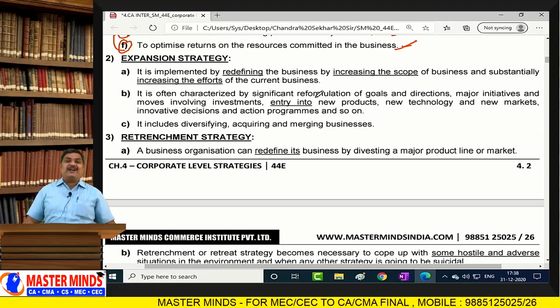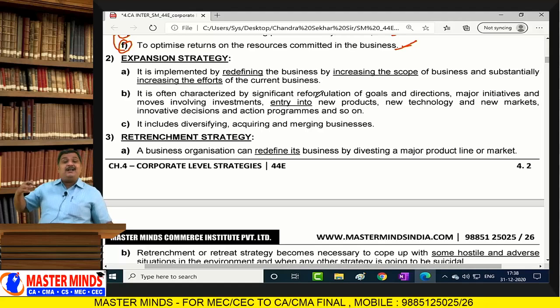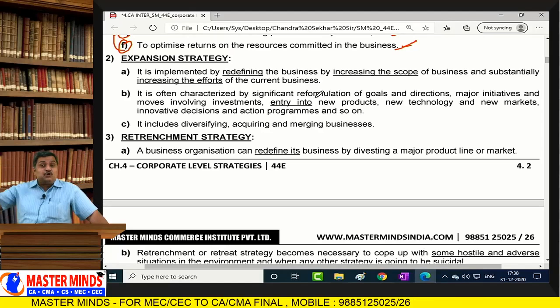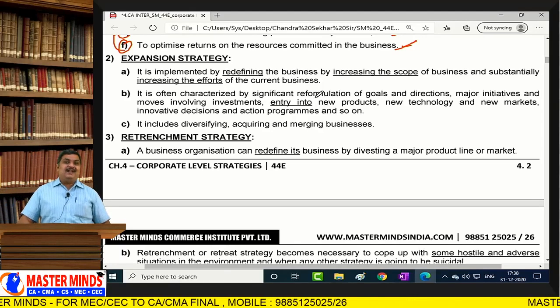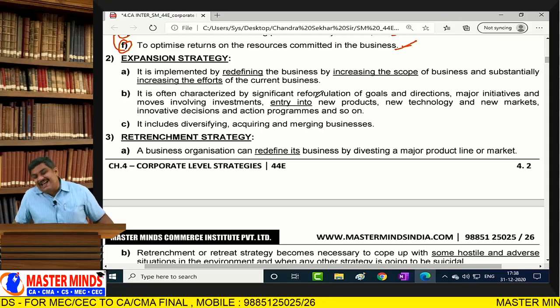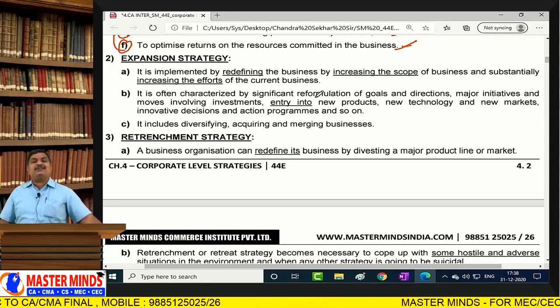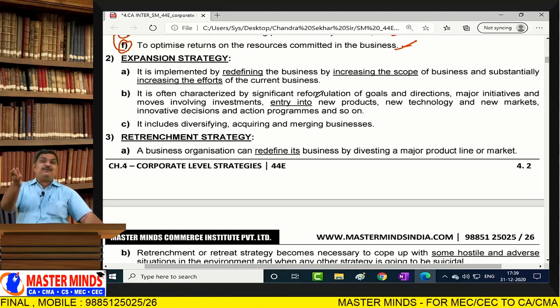Go for expansion strategy. But on the other hand, if the markets are matured and there is no scope for growth, then go for stability strategy. And if you feel that markets are declining, competition is very high, you are in a bad position, then go for retrenchment. So don't ask me, you decide for yourself.